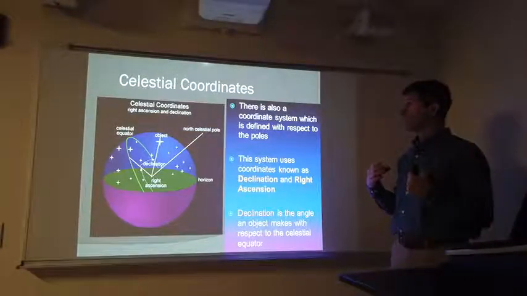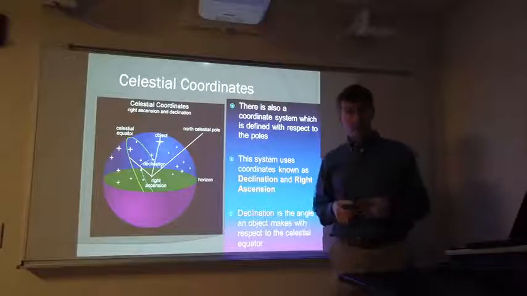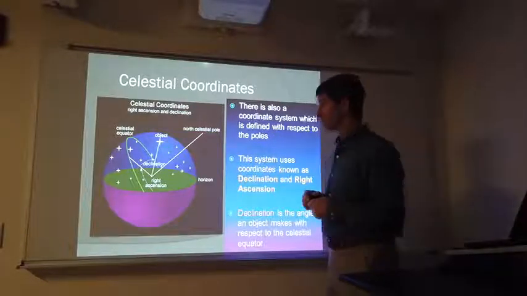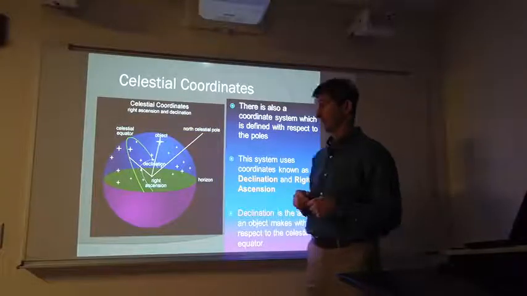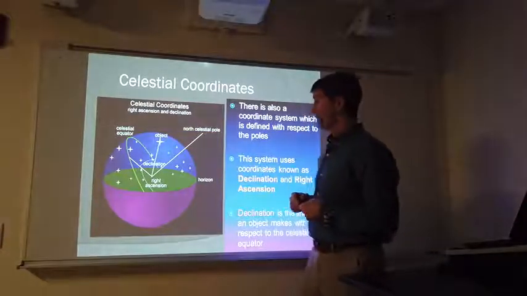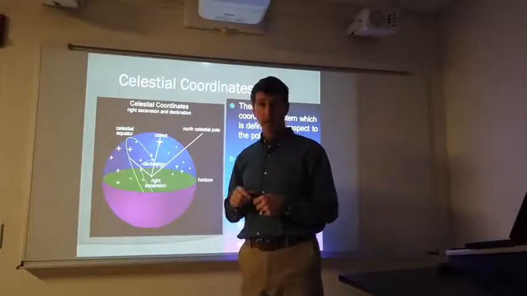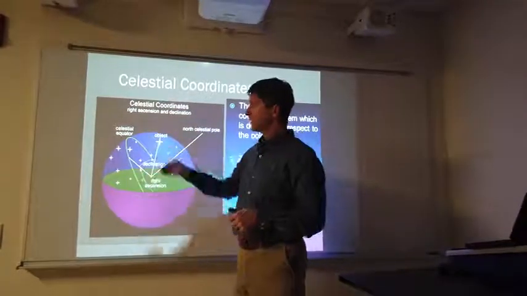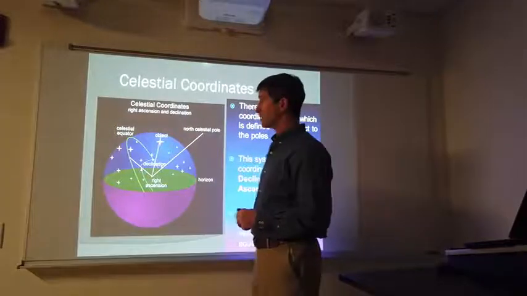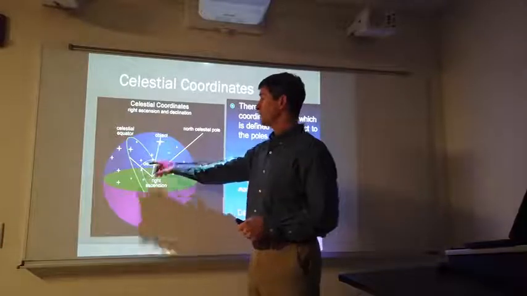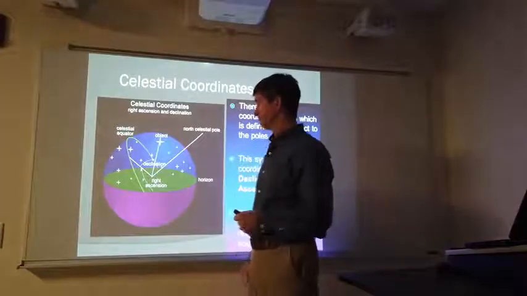Now, for the nighttime sky, we do have coordinates that match the movement of the Earth. And these are called right ascension and declination. Declination is the angle that an object makes with respect to the equator. So all the stars sitting on the celestial equator, all the stars that are immediately above the Earth's own equator, would have 0 degrees declination.